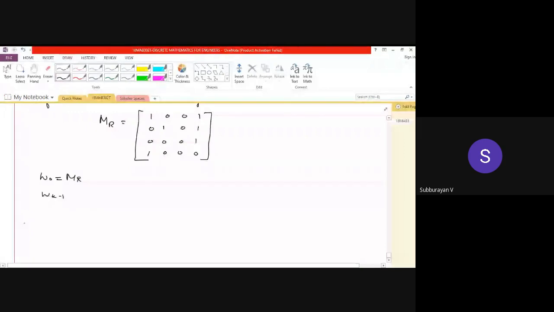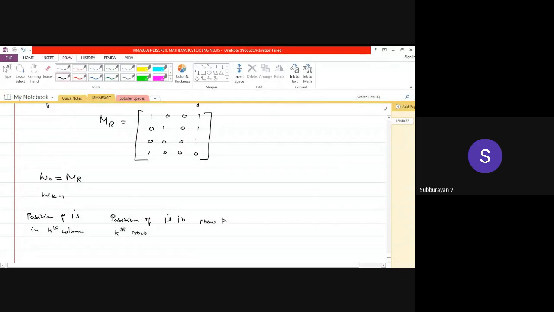The position of ones in the kth column, and the position of ones in the kth row, and the new position of ones, and this is your W K.